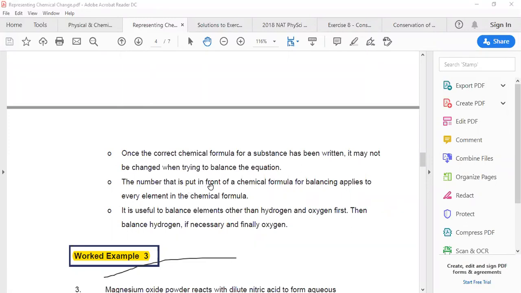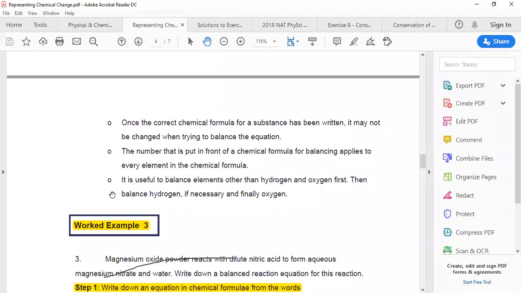The number that is put in front of a chemical formula for balancing applies to every element in the chemical formula. So for example, you've got H2O. If I put 3 H2O, it means there are 3 times 2 hydrogens, then 3 times 1 oxygen. Next one, it is useful to balance elements other than hydrogen and oxygen first, then balance hydrogen, and if necessary, finally oxygen.